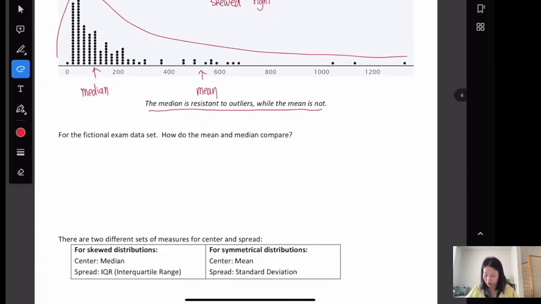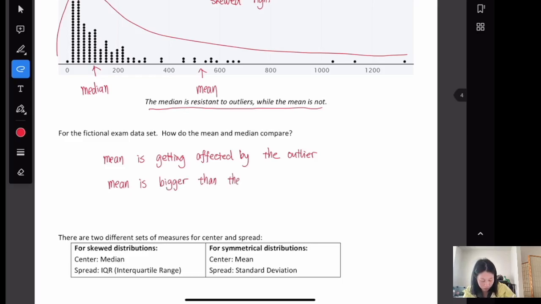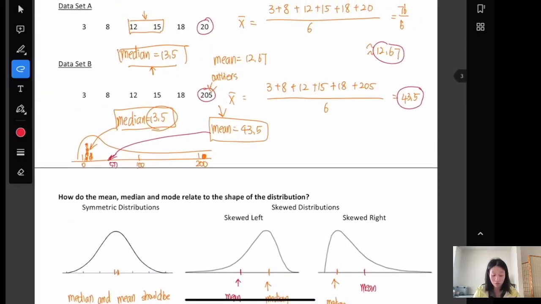So here we can say the mean is affected by the outlier. The mean is bigger than the median, because the outlier 205 is dragging it to the right side.